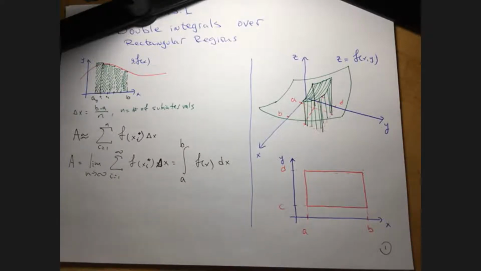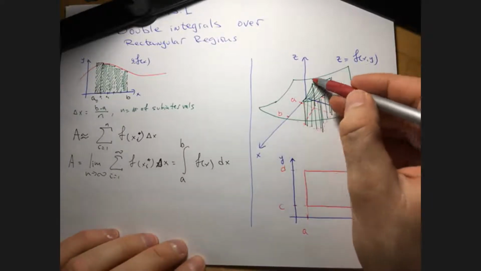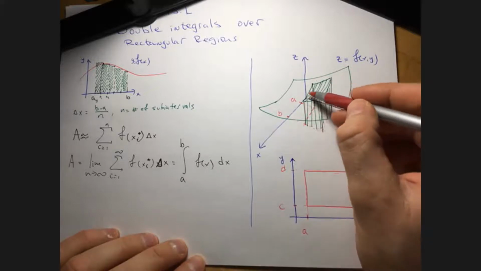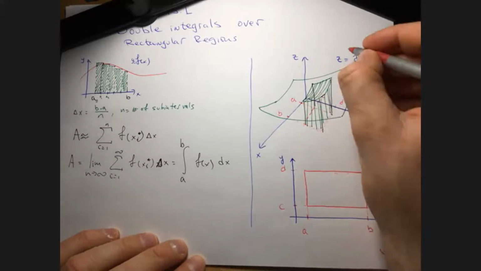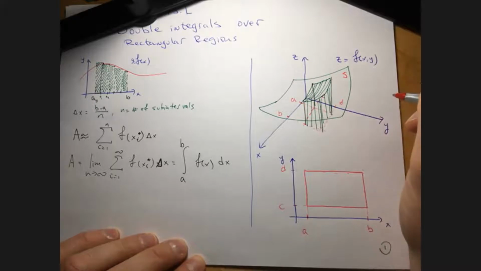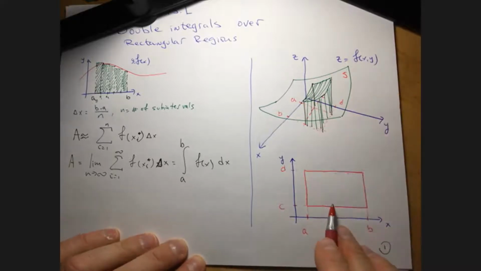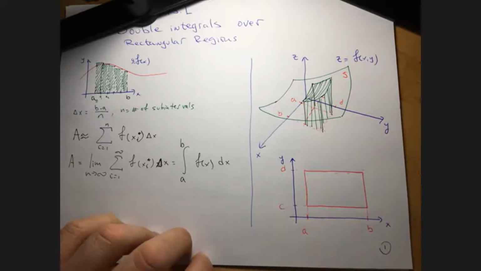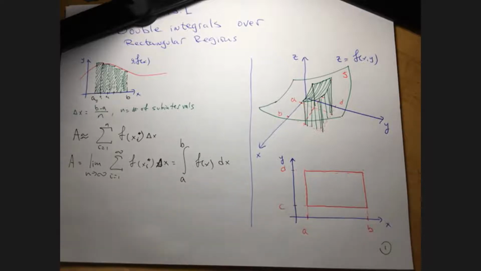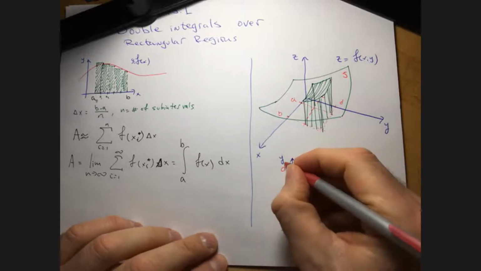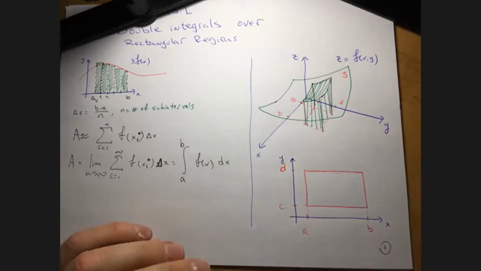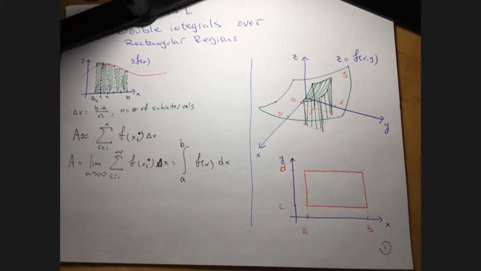Or in other words, I'm looking for the volume under this surface S, above this rectangular region. The question is, how in calculus am I going to approximate this? What is one tangible thing that I can grasp onto so that I can extrapolate from there?